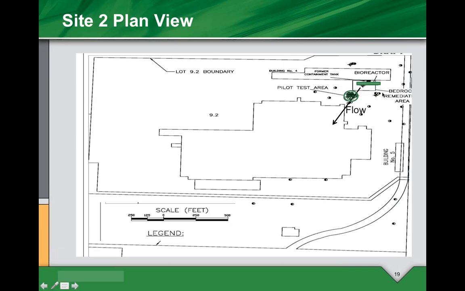The next slide will show a schematic of the site. This is a plan view. And Dora, if you could focus on the source area with your cursor there. The bedrock source area is located immediately south of a building located in the northeast section of this figure. The majority of the data that I'll be describing today came from that area.